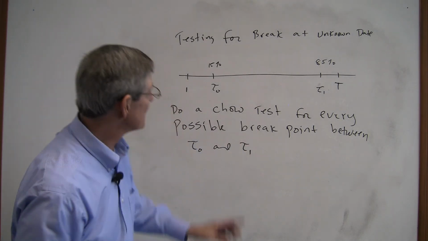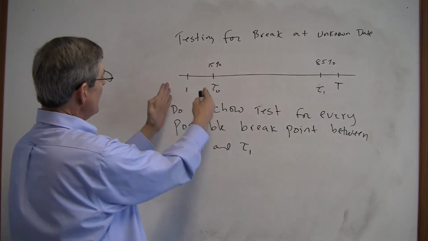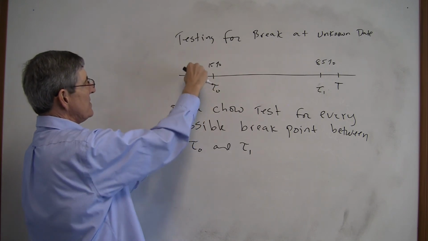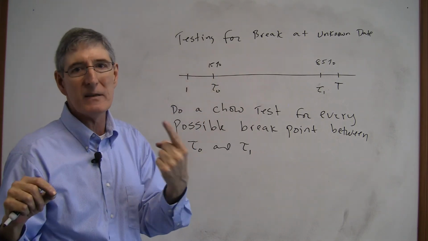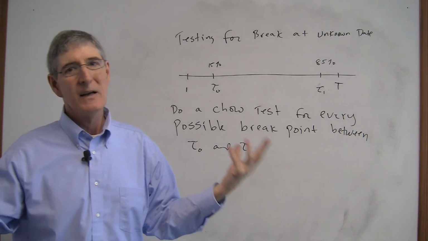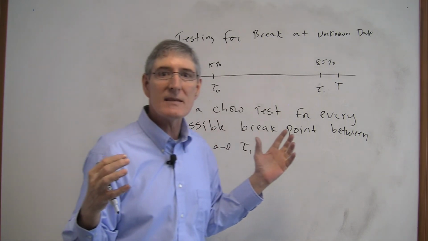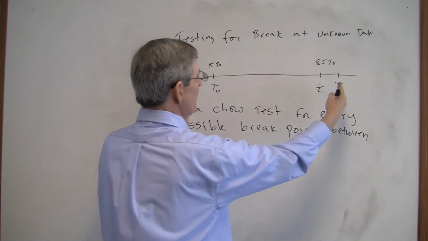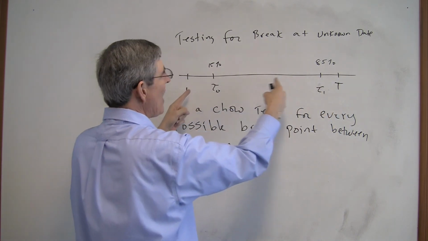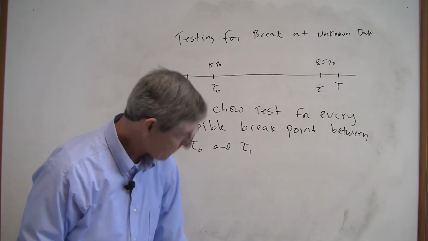We can't get these too close to the endpoints, because remember, we're defining a dummy variable. If we start at 1, we wouldn't even have a dummy variable. At 2, the dummy variable would be 0 for only one period and 1 for every other period. That's just not enough to get a good test. So instead we move the endpoints away from 1 and T, and then we run a Chow test at every possible breakpoint.